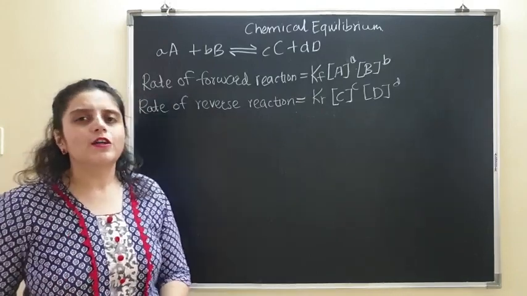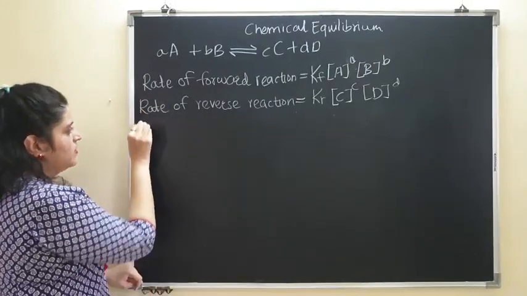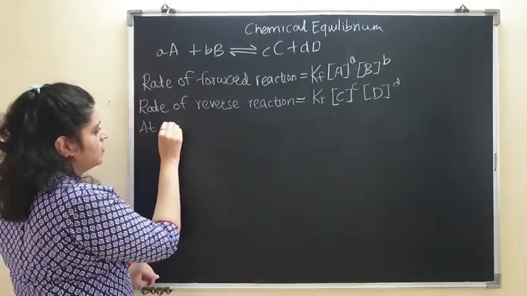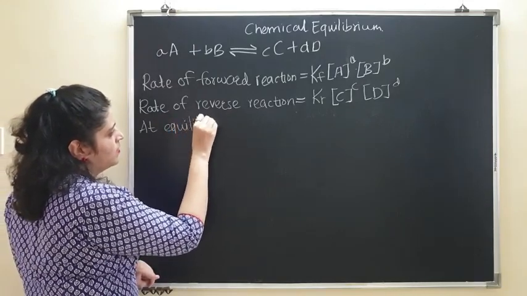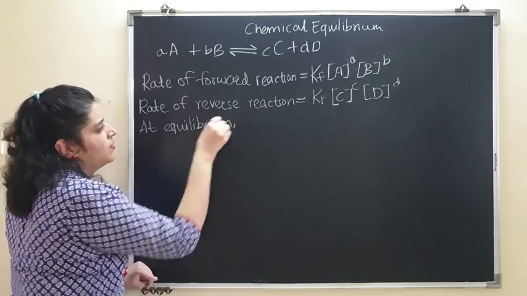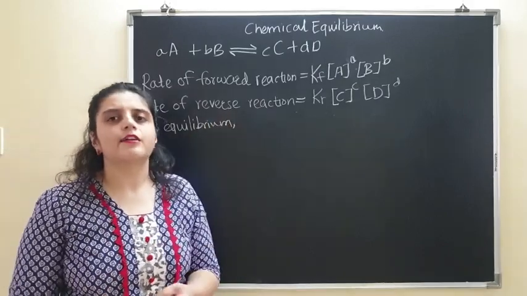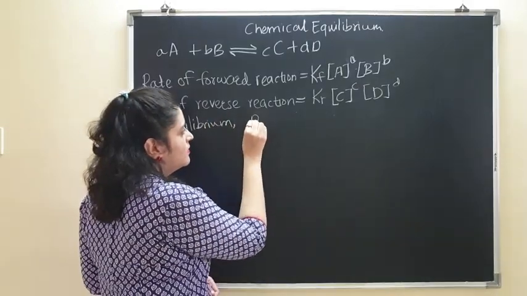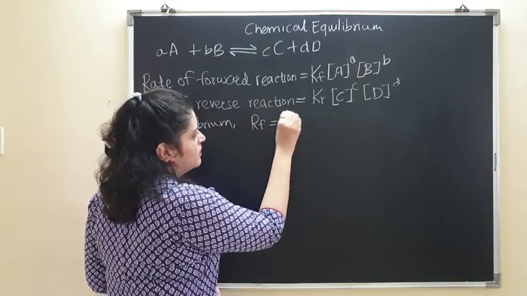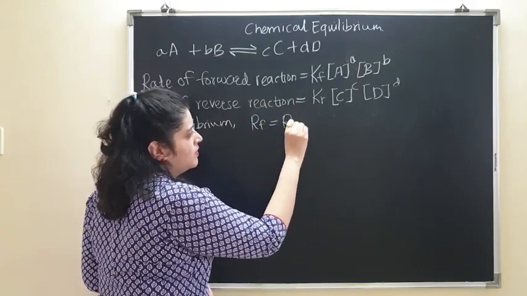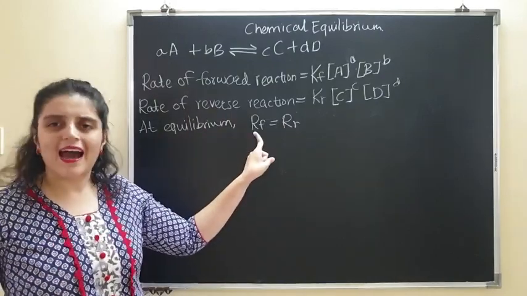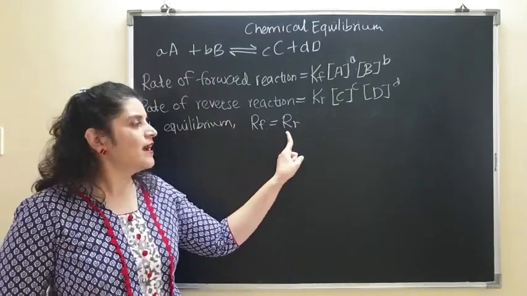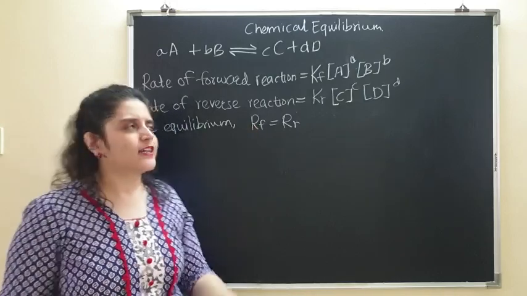Now we know that at equilibrium, इक्विलिब्रियम में क्या होता है? रेट ऑफ द फॉरवर्ड रिएक्शन becomes equal to rate of the reverse reaction.